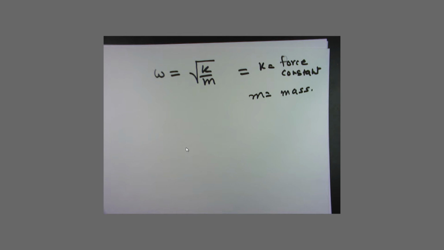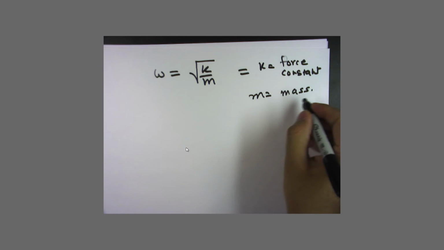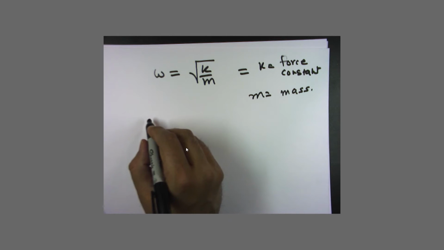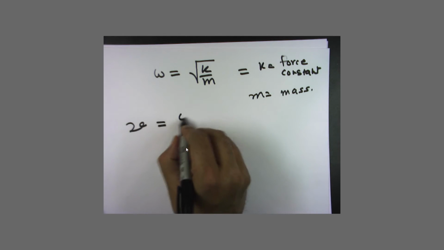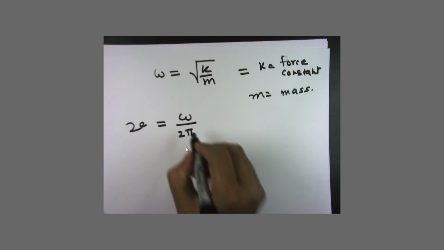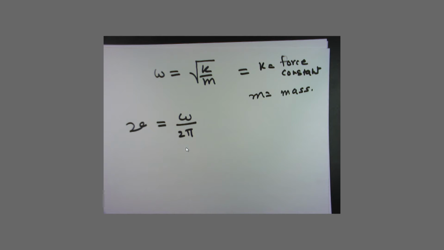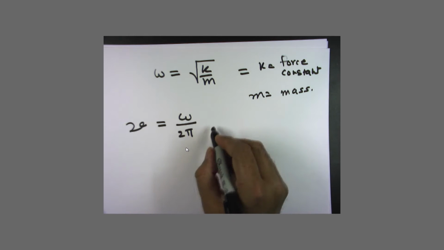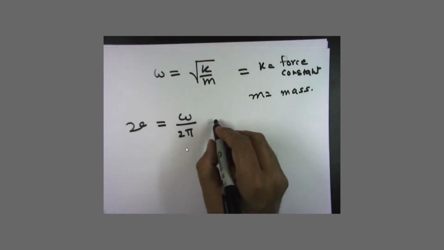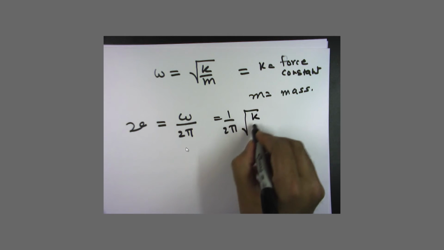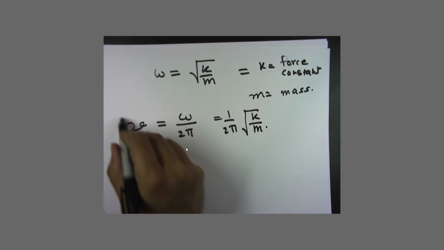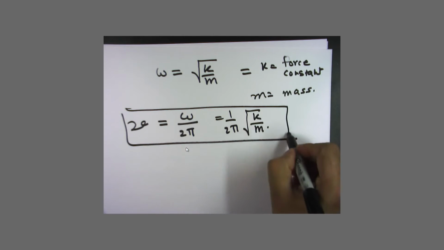Now, looking at the frequency of oscillation, nu, we can connect that with omega over 2 pi, because we are looking at 2 pi radians. So, if we plug in the angular frequency, then we have 1 over 2 pi times the square root of k by m. So, this becomes what we call the oscillation frequency.